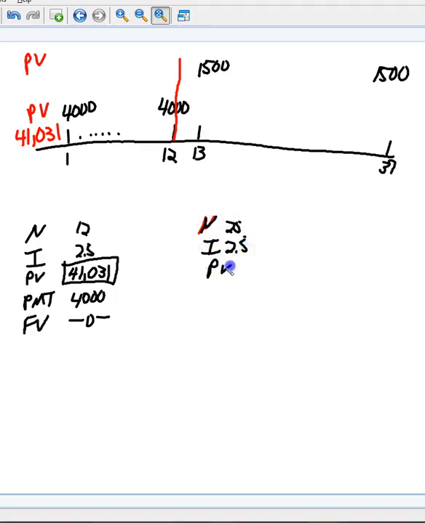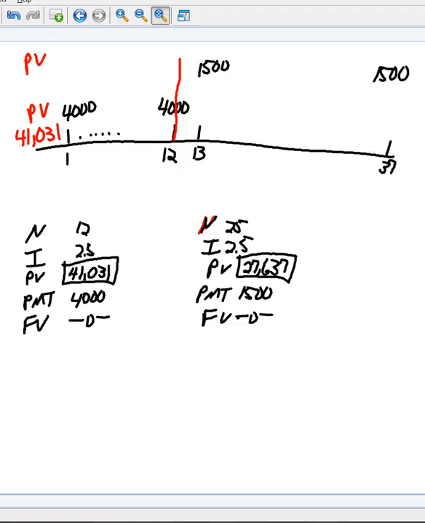You figure out the present value of a payment of $1,500, and there's no lump sum future value. So again, 25 at 2.5%, $1,500 payment, 0. You should get a present value of $27,637.